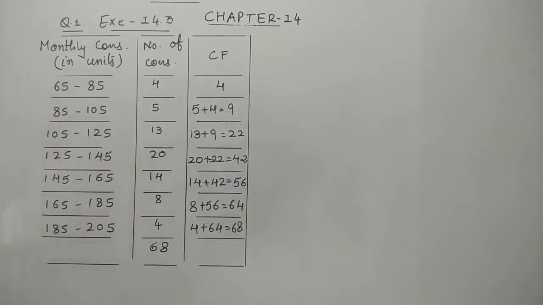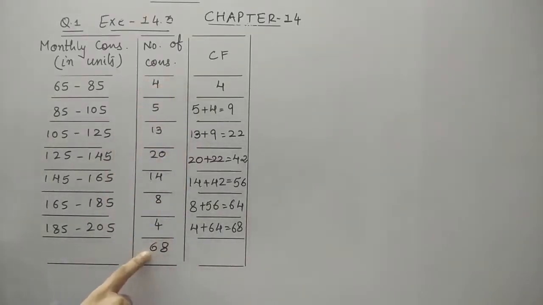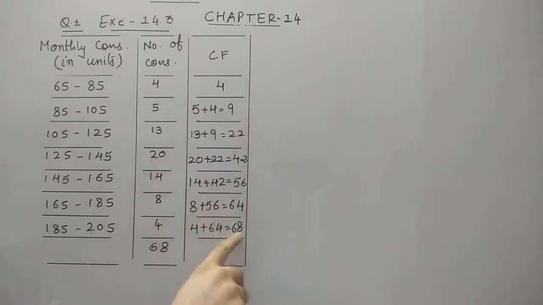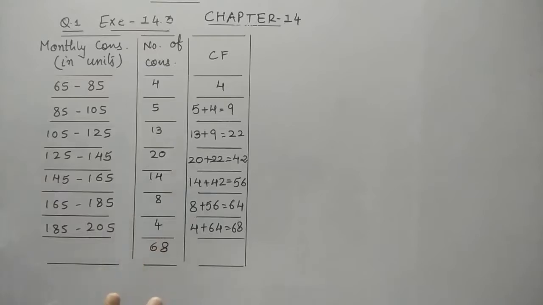Remember one thing students, the total number of observations that you add here, that is the frequencies, is the same as the last cumulative frequency. The addition you obtain here, the same value should come here. This is how we can identify whether the cumulative frequency addition we have done is right or wrong.